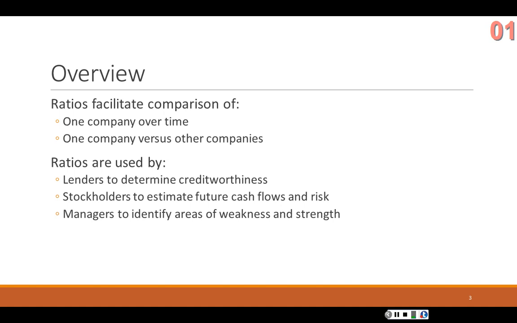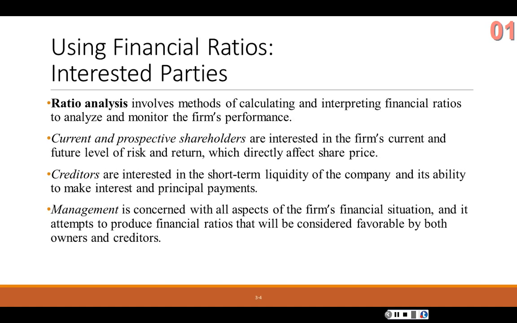Ratios are used by lenders to determine creditworthiness, stockholders to estimate future cash flows and risk, and managers to identify areas of weakness and strength. Ratio analysis involves methods of calculating and interpreting financial ratios to analyze and monitor the firm's performance.